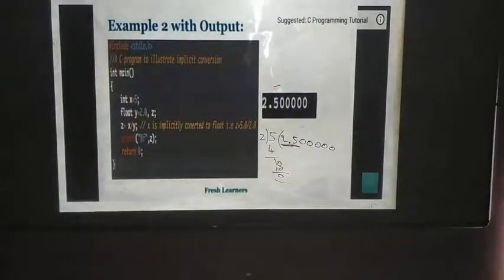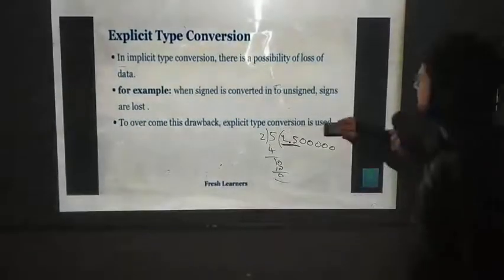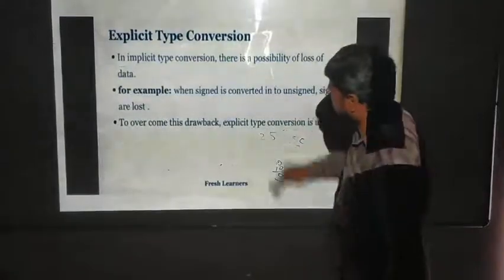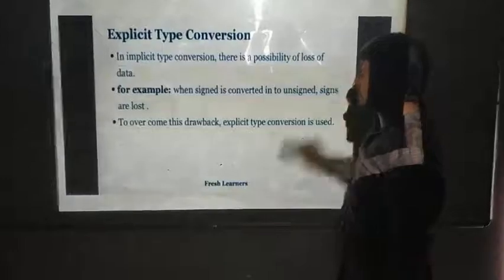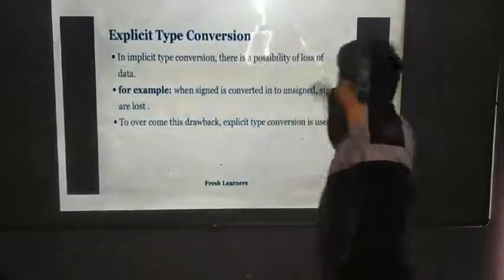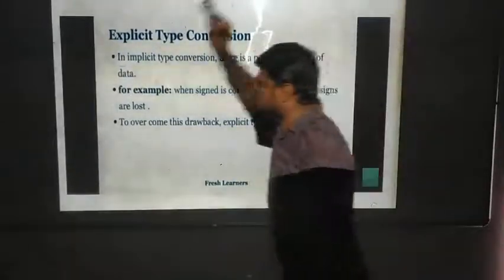Next is explicit type conversion. In implicit type conversion, there is a possibility of loss of data. For example, when signed is converted into unsigned, the signs are lost.